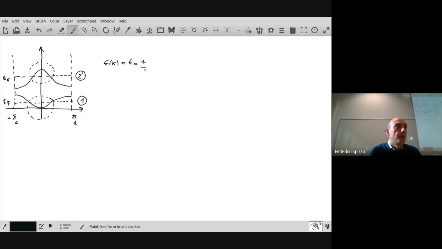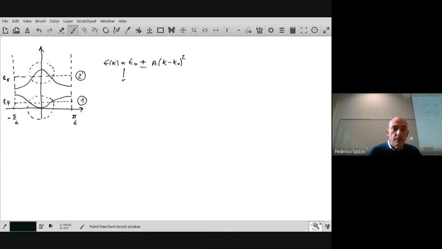Then we have plus or minus a coefficient times k minus k0 squared. I put k0 in case the maximum is not exactly at the origin, but is shifted with respect to the origin. So in principle, in this example, k0 is equal to 0 because in both cases, the dependence is centered at the origin. But to be more general, we may have also a shift in the horizontal direction. And so we have this k0 to handle that shift.